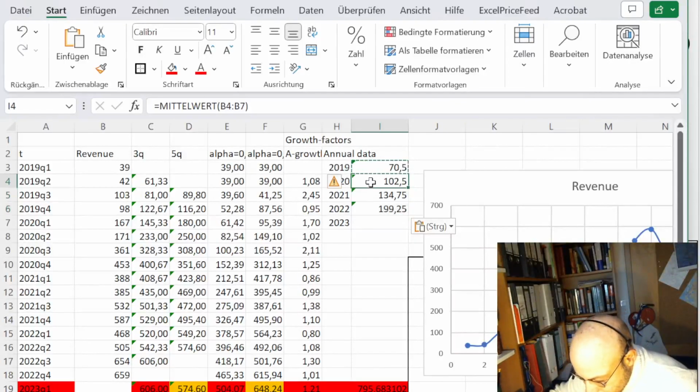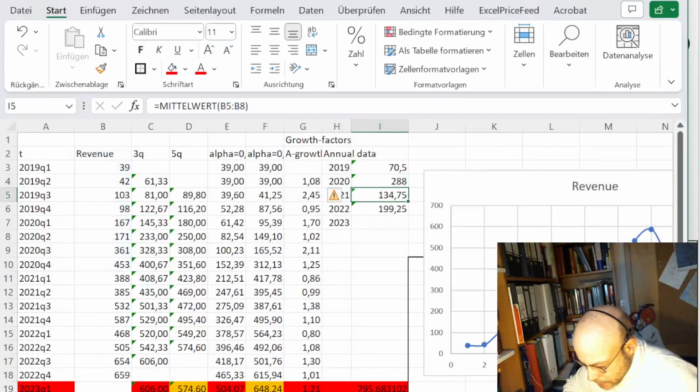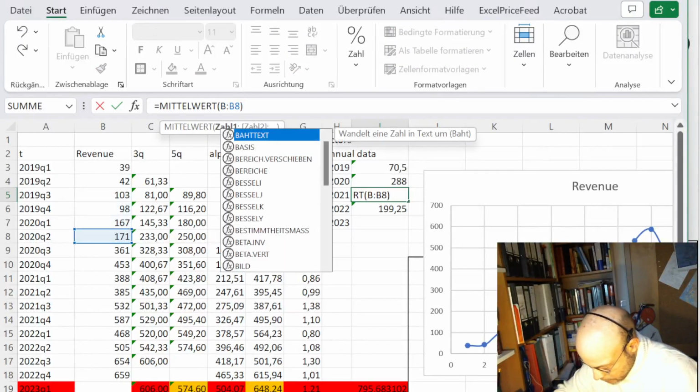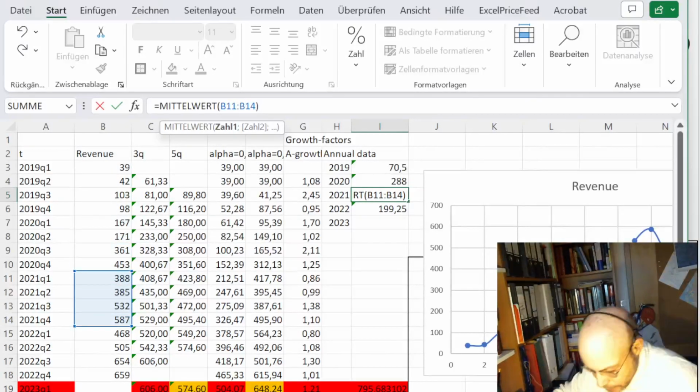And then we have to change P7 to P10 and P11 until P14.